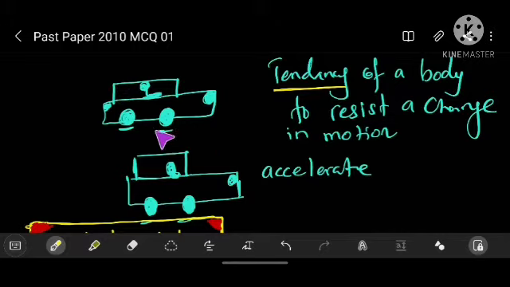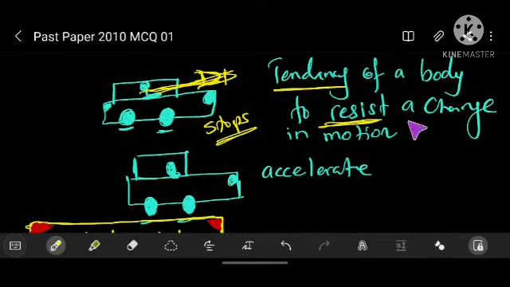When you're traveling in a car and it suddenly stops, have you ever noticed that you continue to move forward? You just jerk, right? So that is inertia. Inertia is the tendency of a body to resist a change in motion or rest.